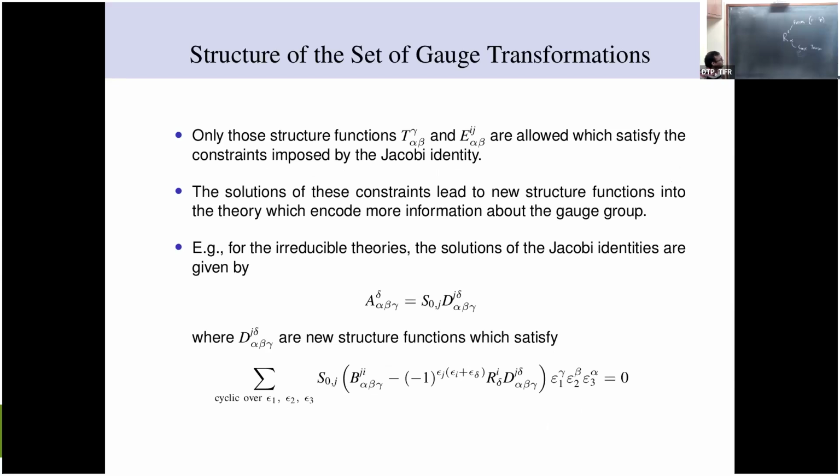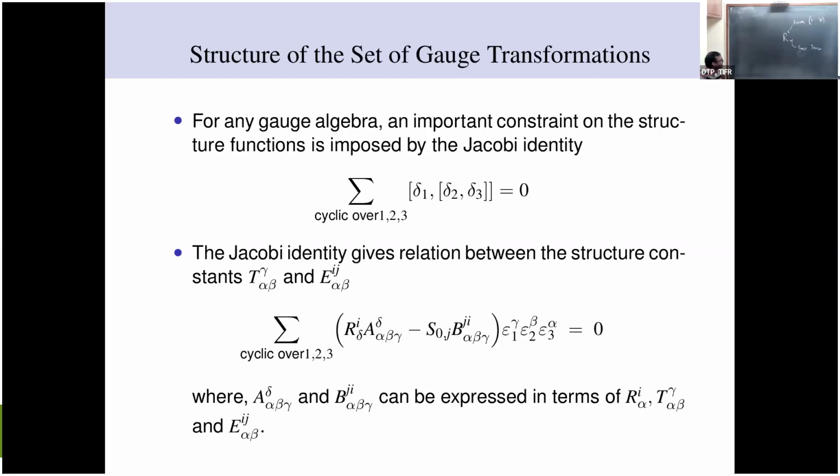And the solution of these constraints leads to new structure functions in the theory, which encode more information about the gauge. So, for example, if you have an irreducible theory, where you don't have the gauge invariance for gauge invariance, then the solution of Jacobi identities takes this form.